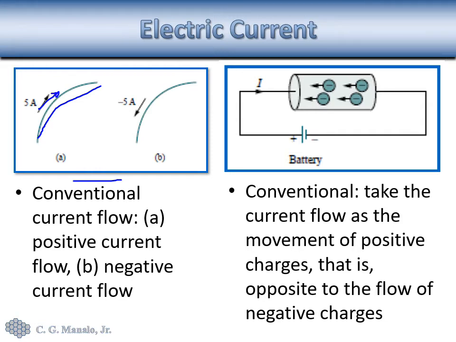So you have 5 amperes there. We can also draw that to flow in the opposite direction, provided we change the sign of the figure. So instead of 5 amperes, we put a negative sign there. So these representations are actually equivalent.